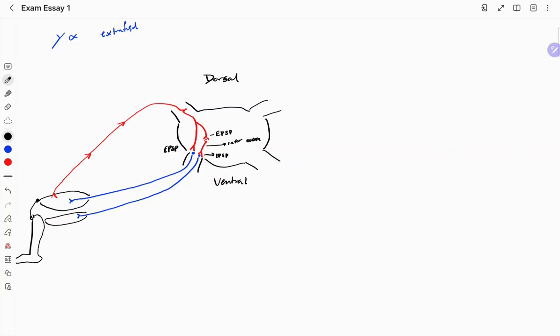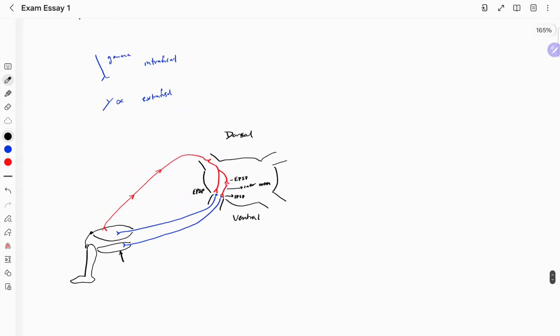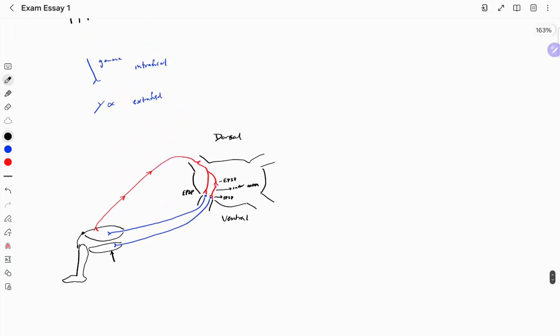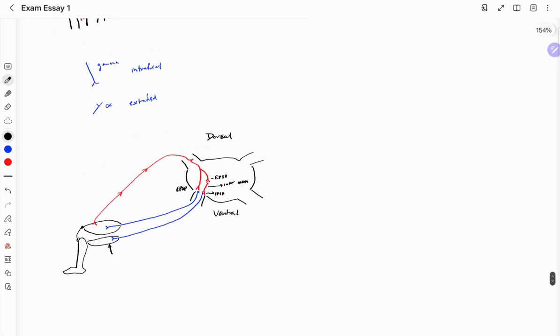So it's going to inhibit or prevent the hamstring from contracting, so it'll relax. And that's just to help protect our muscles. So that's a stretch reflex there.